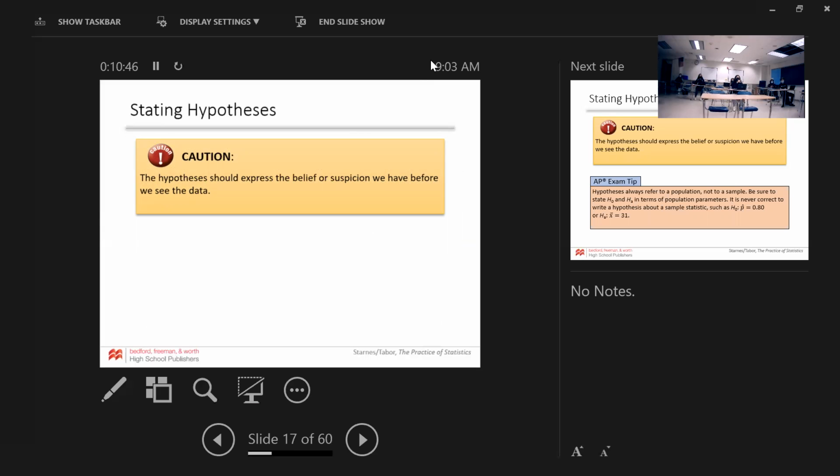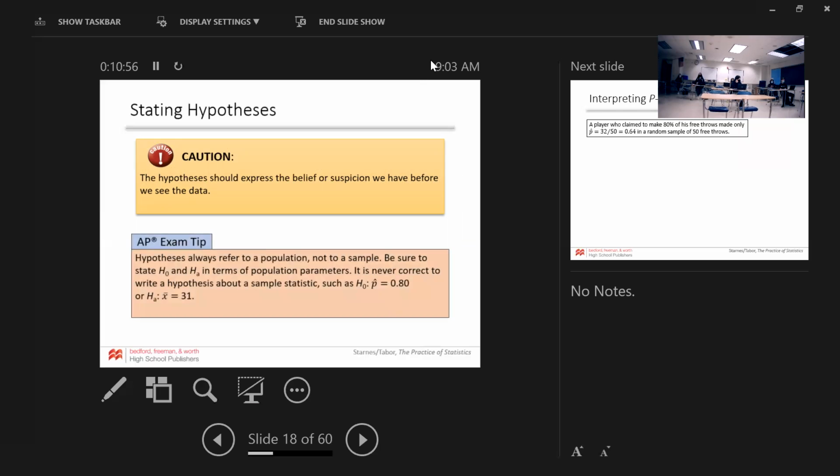Yeah, you have to write the null and alternate before you look at the data. Make sense? It's unethical to write the null after you've seen it. And it is never correct to write a hypothesis based on a statistic. What's going to happen?